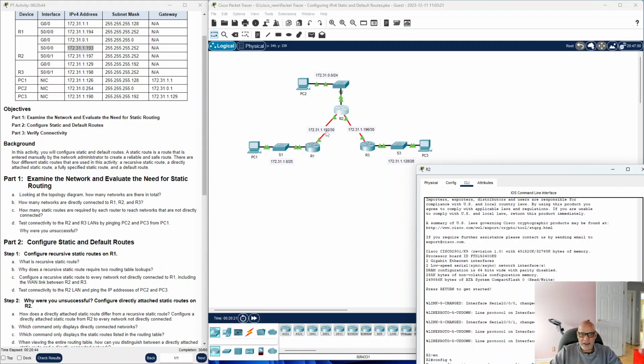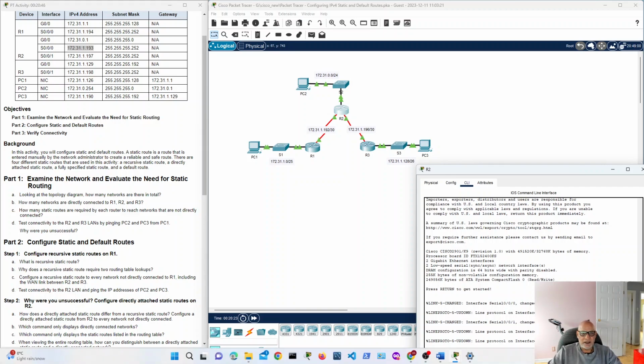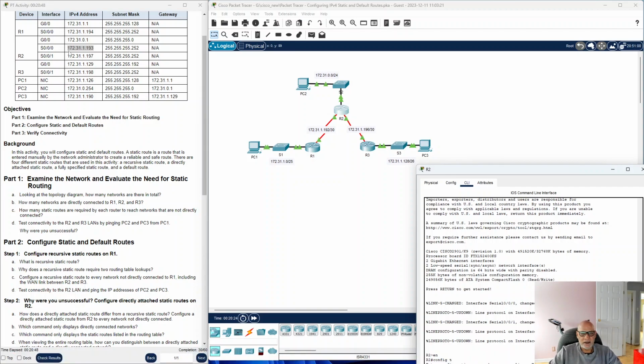This is a 192 network, so the IP address of R1 is 194, because it's a 30-bit subnet mask.